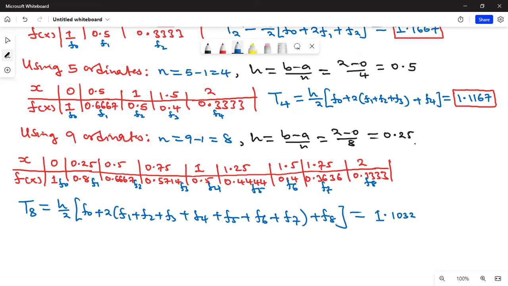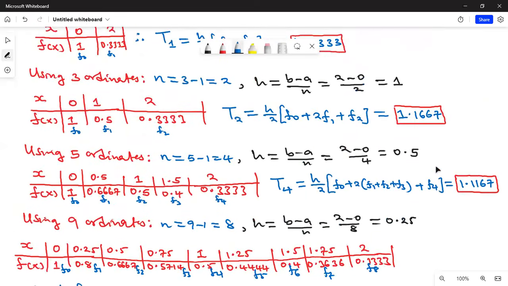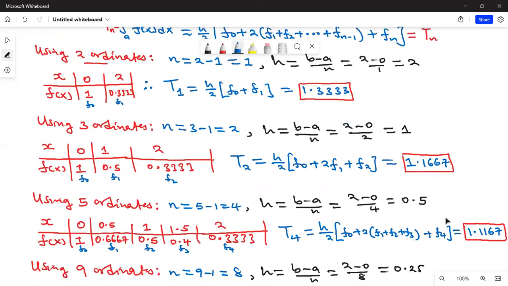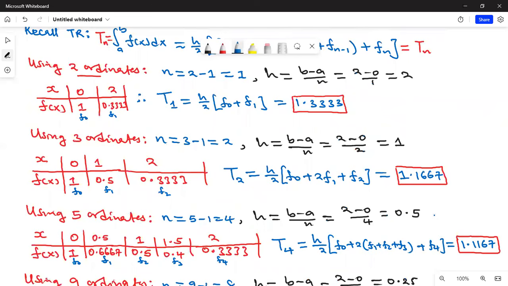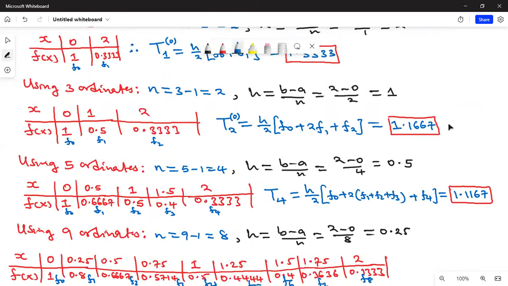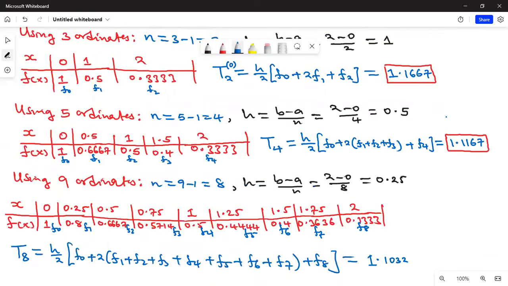And remember, these values that we have found using the trapezoidal rule, they are initial estimates. So I'm going to add a superscript 0 to mean initial estimates. So each of them you add superscript 0. Again here, they're just 4. Another one is here. And lastly, this one.